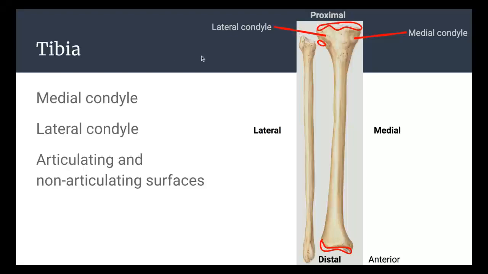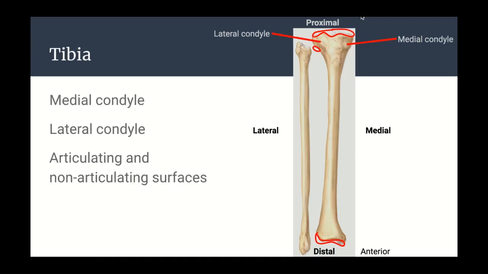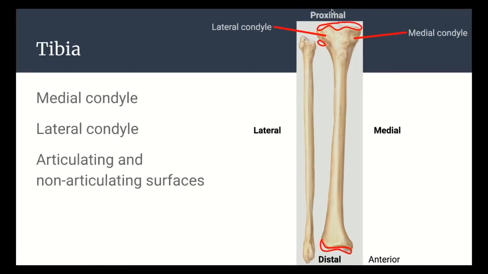All right, for the tibia, let's start out here, and we have the medial and lateral condyles. So condyle comes from the Greek word for knuckle, so you can kind of just think of these as big knuckles, and the condyles are actually coming together to then be in close association with an articular surface, right? So if you were to imagine what comes next, if we moved proximally, it would be the femur.